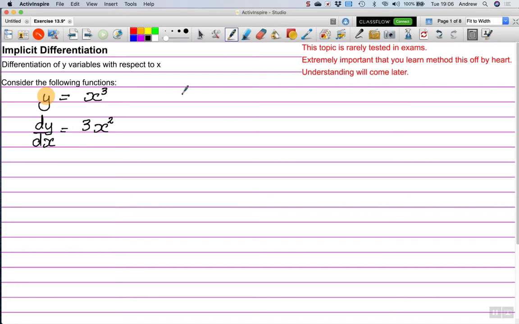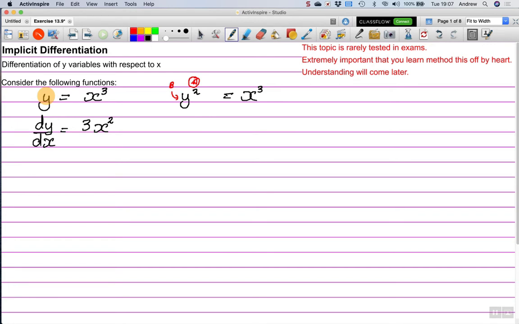Now let's look at a slight variation on it. y squared is equal to x cubed. What we have here is something which we've seen before called the chain rule. The priority A function, if you remember, is the power, and the priority B function is the y value.